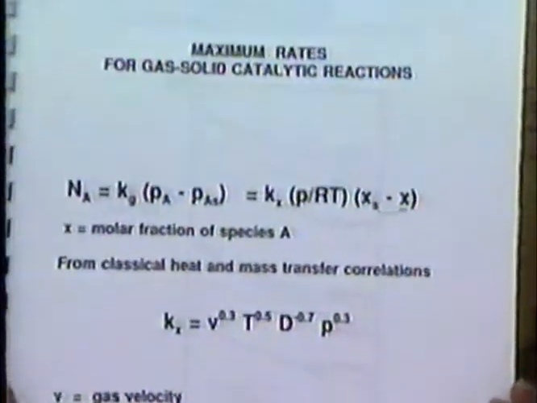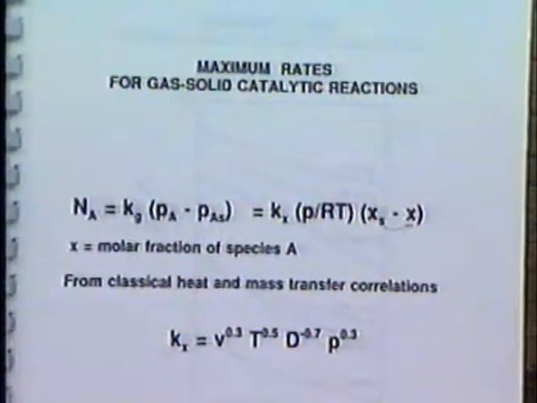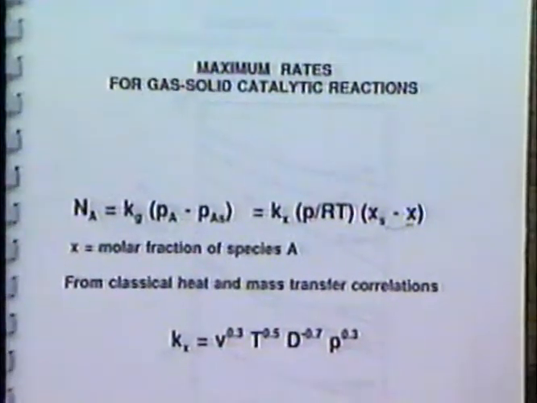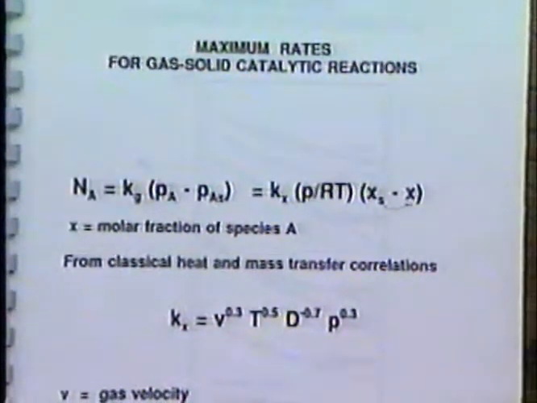Okay, now another consequence of external mass transfer resistances is that we will have a maximum value for the rate that we can achieve in practice.